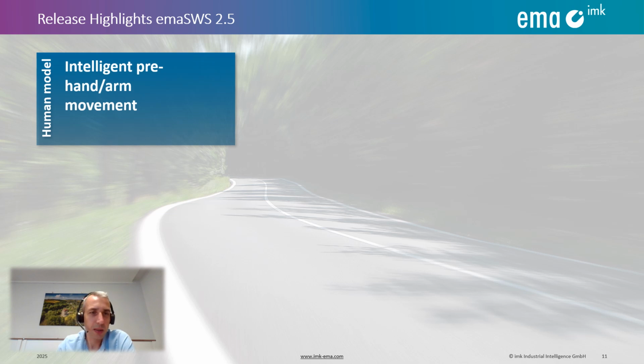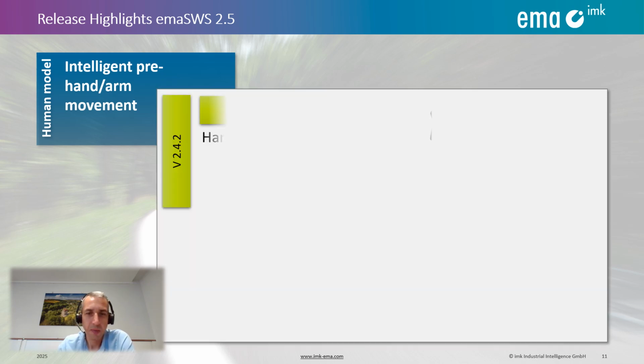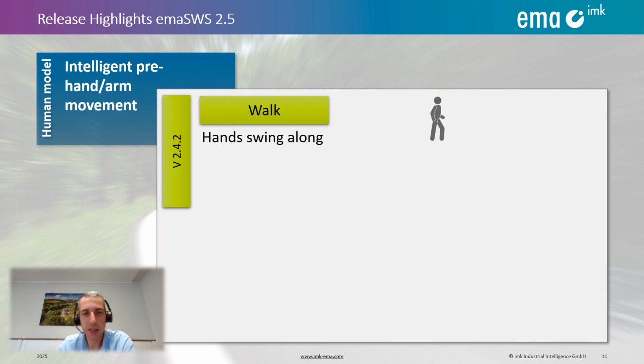Let's come to the next topic, human model, intelligent free arm movement. At first, I will explain how the situation is today when our human model walks. Basically, the arm swings along, and then when there is a picking process, the hands go up.